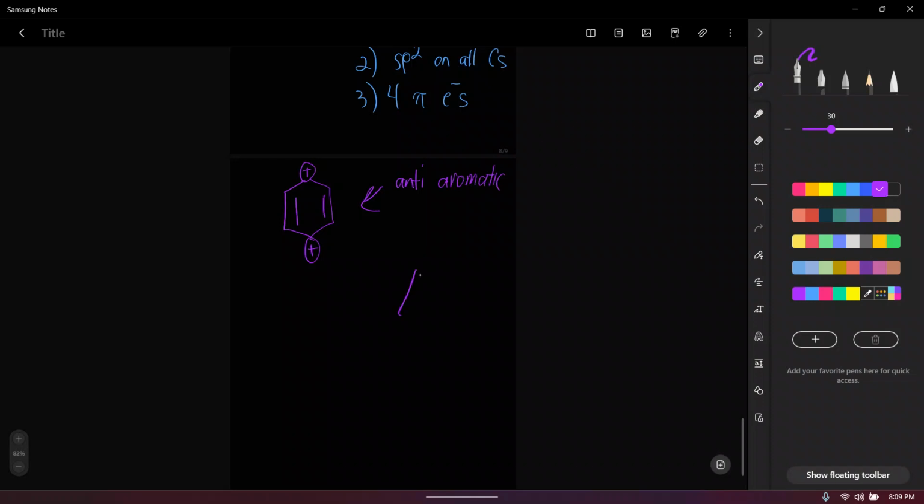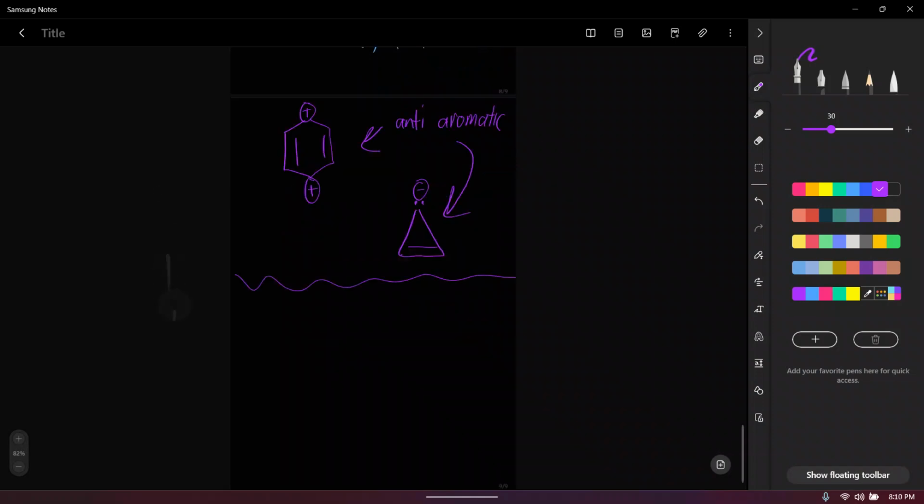And this compound, this one would also be anti-aromatic. All right. So hopefully that makes sense. All right. So that is how, first of all, to know if something is aromatic or not.